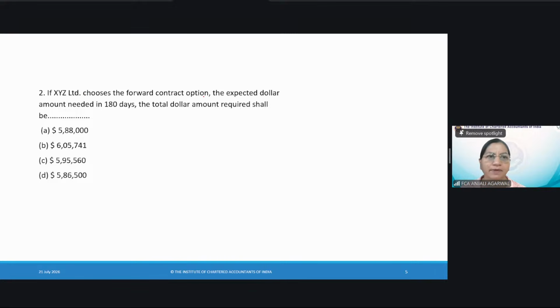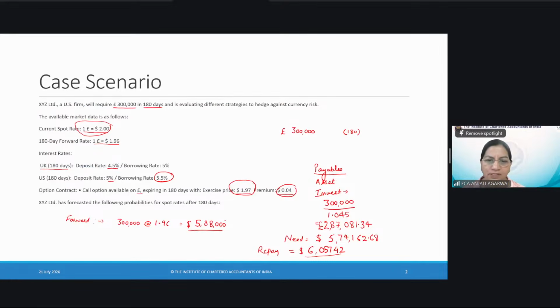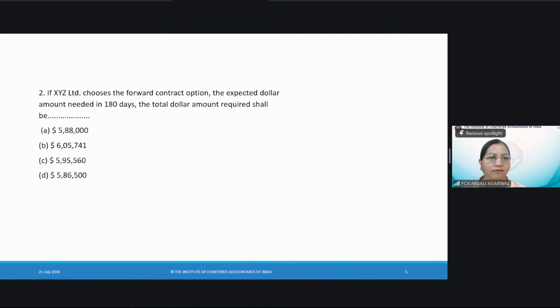If XYZ Limited chooses the forward contract option, what is the expected dollar amount needed in 180 days? So we have already calculated if forward is used as a hedging technique, the dollar outflow will be 5,88,000 after 180 days. 300,000 pounds multiplied by 1.96.